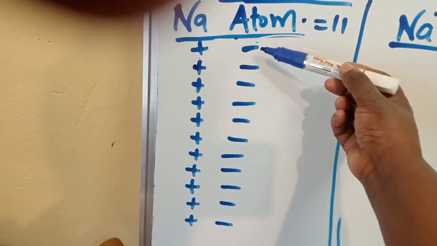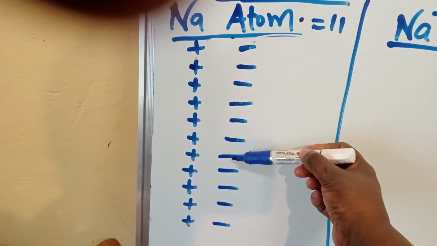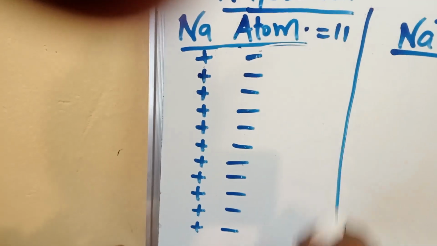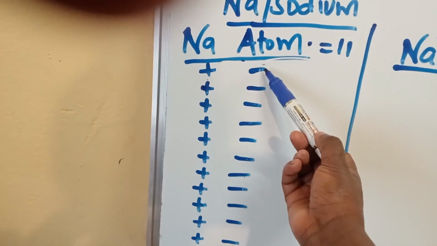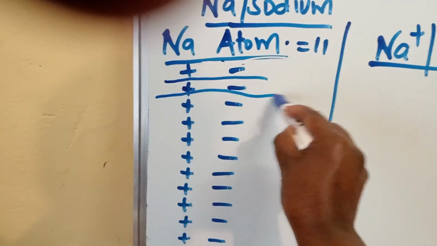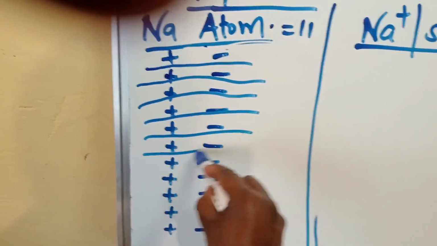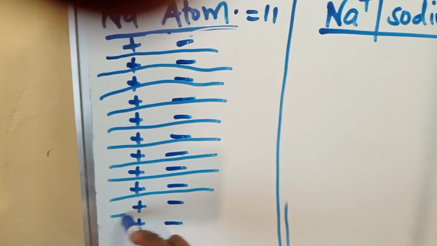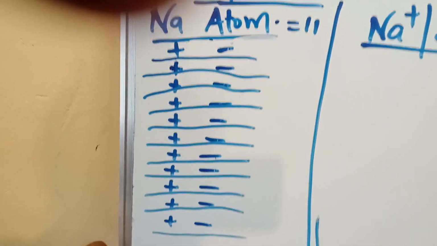So let us count them once more. 1, 2, 3, 4, 5, 6, 7, 8, 9, 10, 11. And it is very easy to count when you indicate a positive and a negative at the same time, so that you can have an easy time when you are adding them up. So there are 11 of them.